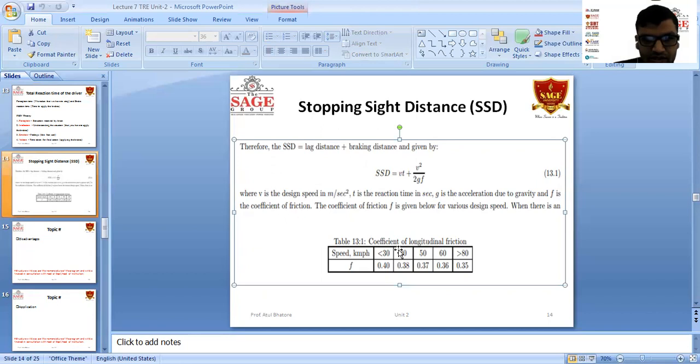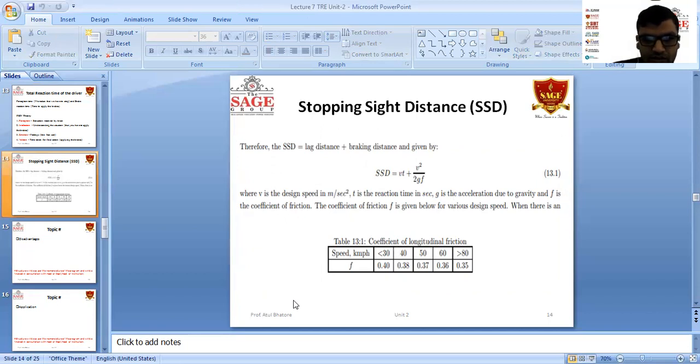Here you can see table 13.1 for determining the coefficient of longitudinal friction as per the speed. If speed is less than 30 kilometer per hour, then f will be 0.4, and if speed is more than 80 kilometer per hour, the coefficient of friction will be 0.35. So according to speed, we can pick our coefficient of longitudinal friction.